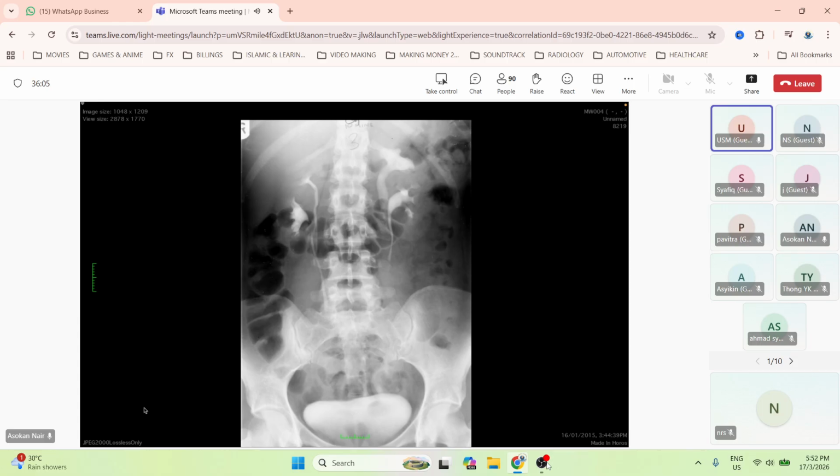So this is the intravenous urography in the excretory phase. I can see there's presence of duplex collecting system seen bilaterally.